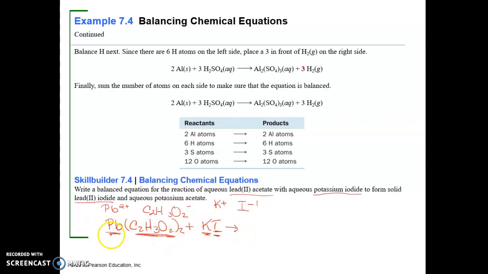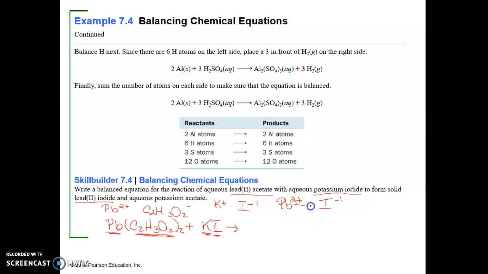All right, so I know that my lead 2 is going to go with my iodine. So lead 2 implies that you have Pb2+ and iodide ion is -1. So how many iodines would need to go with the lead 2? We'd need to have 2 of them.